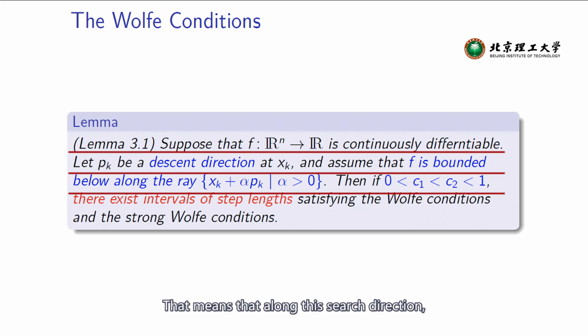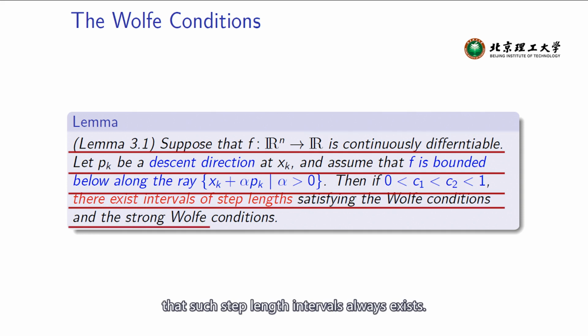That means that along this search direction, there must be a minimum value of this function. Otherwise, it is unbounded and not a well-posed problem. So the assumptions here are all reasonable. If C1 and C2 satisfy the condition here, then we can guarantee that such step length intervals always exist. This is a very good and beautiful result, which guarantees that the Wolfe conditions can always be satisfied.